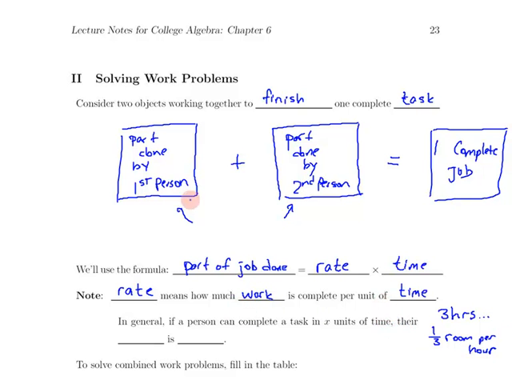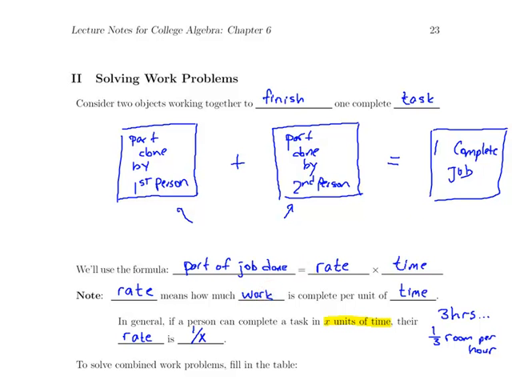I've said that once already. So, in general, if a person needs to complete the task in X units of time, their rate is always going to be 1 over X. So if it took them 10 hours, their rate is 1/10 of the job per hour.